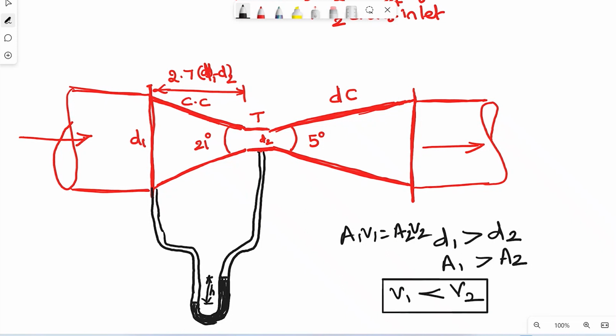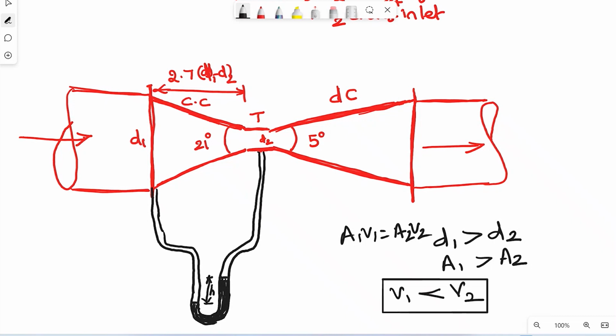Then what is the relation between pressure and velocity in the Bernoulli's equation? Here, as the velocity is more, that means velocity head is more. When the velocity head is more, pressure will be less at the throat, whereas at the inlet the velocity is less, velocity head is less, so pressure will be more. As pressure is more on this side, the liquid in the differential manometer is pushed down, whereas on the other side the liquid is pushed up.